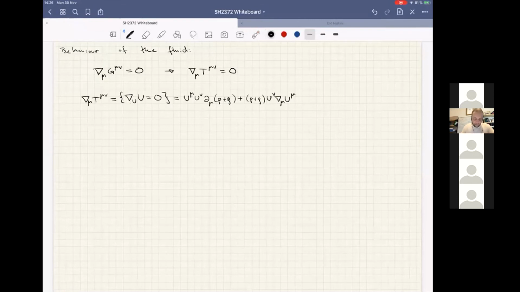So that's the terms that come out from the first term, and then we're going to have a third term, which is g^μν and then the derivative ∂_μ acting on p. So if we take into account now that the only coordinate that p and ρ depend on is the time t, then only the time derivative is going to be relevant here and here.